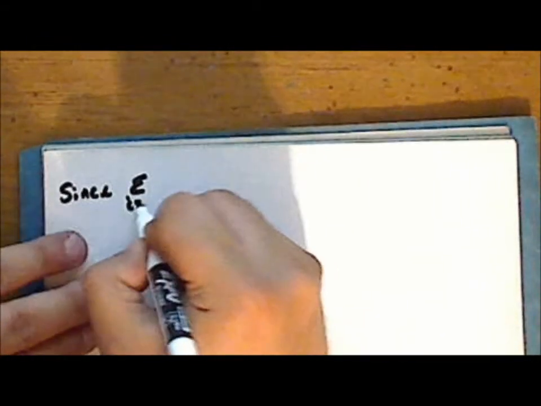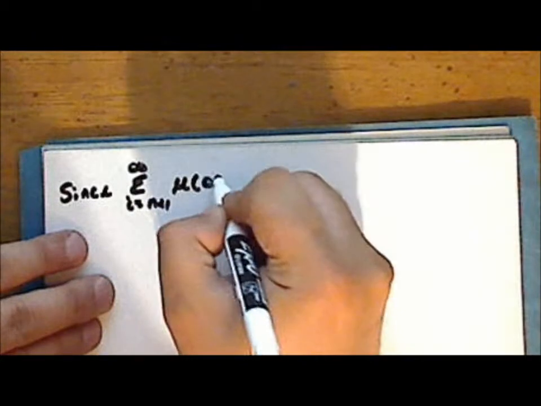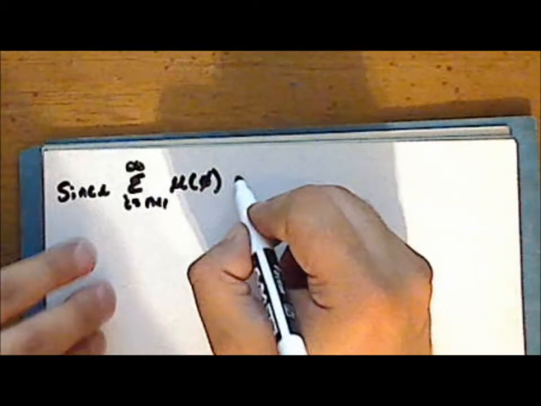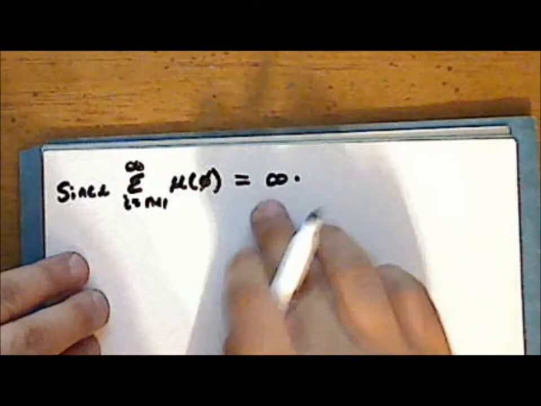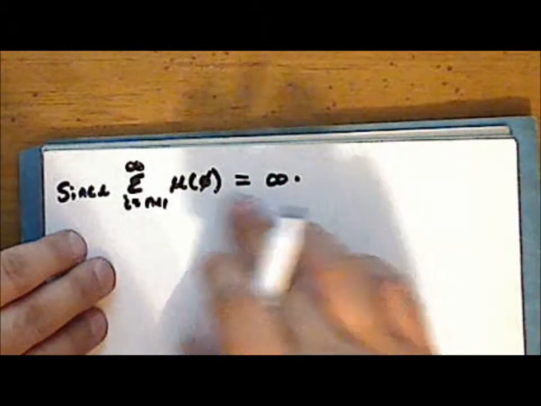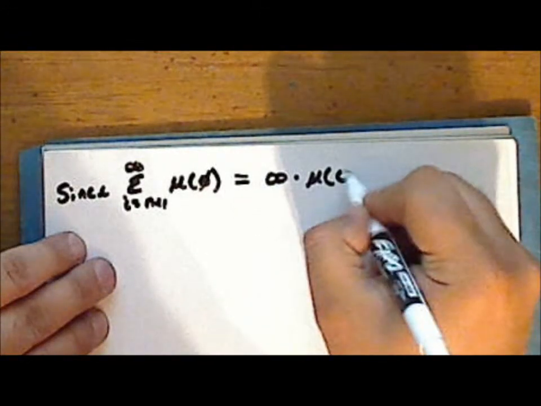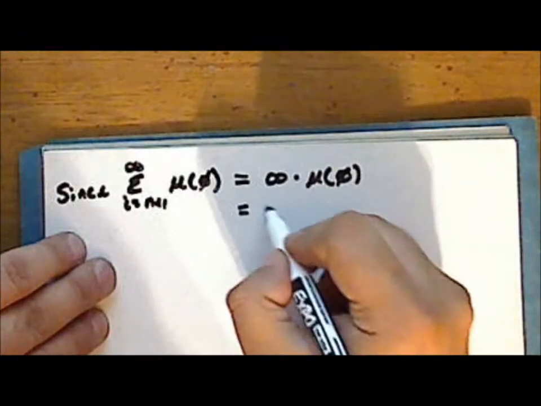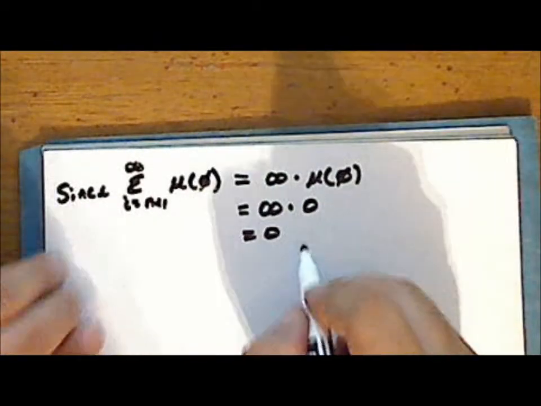So, since this is still an infinite sum of a constant term, this is infinity times the measure of the empty set, which we know to be 0, so we have infinity times 0, which is 0.